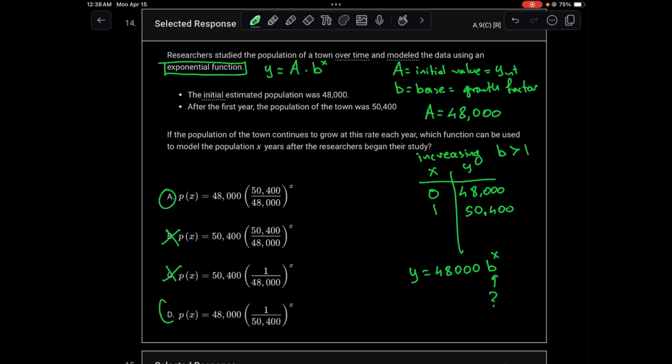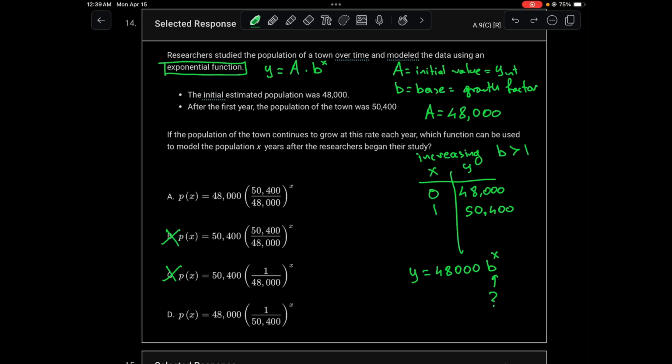So between those two options, which one has a greater than 1 growth factor? 1 over 50,400 or 50,400 over 48,000? And obviously this is the one greater than 1.